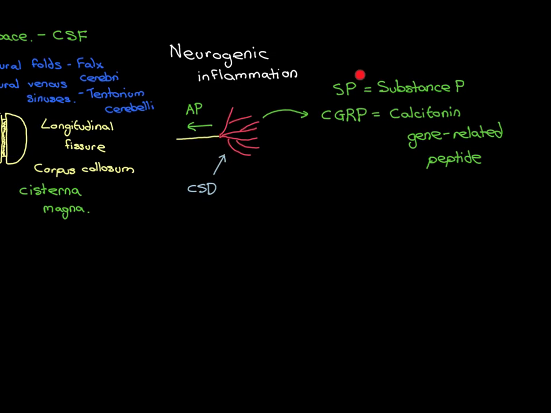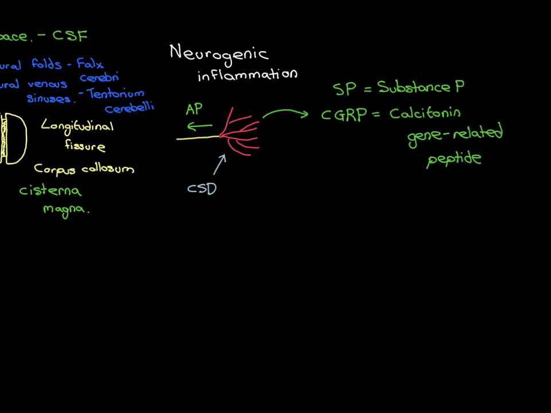Because if they didn't release this and you were just getting the cortical spreading depression activating action potentials, then a while after the cortical spreading depression stops and the stuff that is diffusing through and activating the nociceptors has stopped coming, the primary nociceptive afferents would stop firing action potentials, and therefore the headache would end.